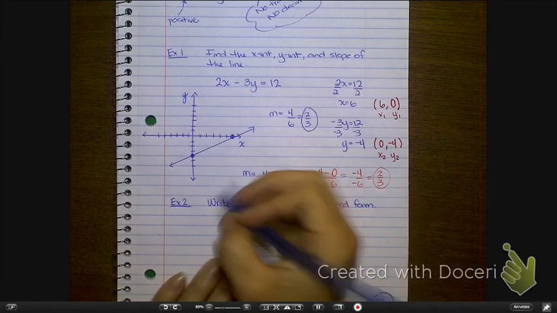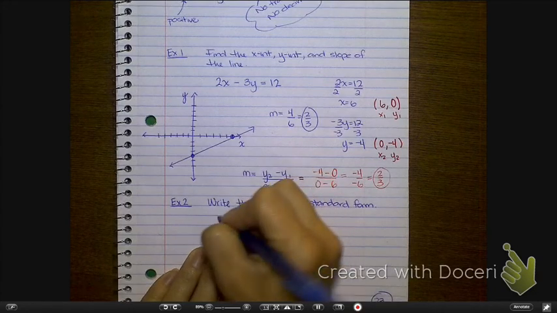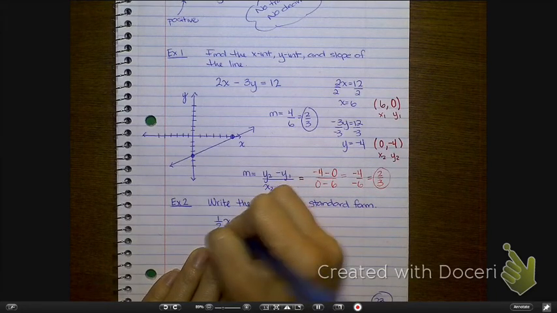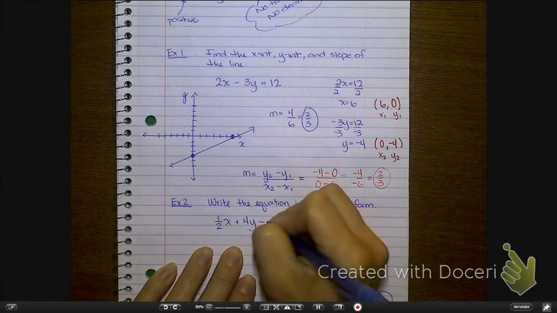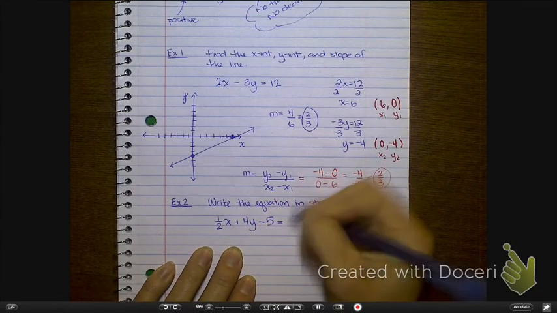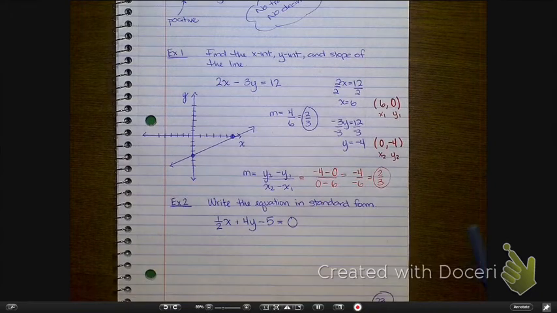Okay, so here's our equation. And this is a review of stuff that we kind of did already, this part, right?